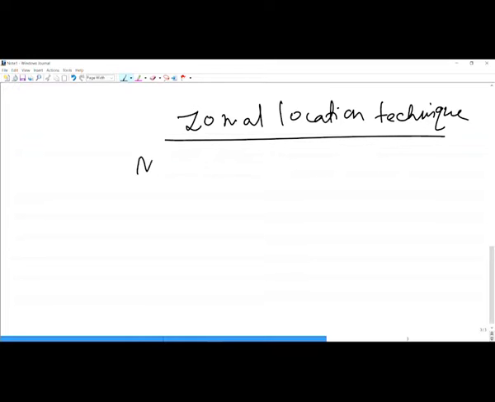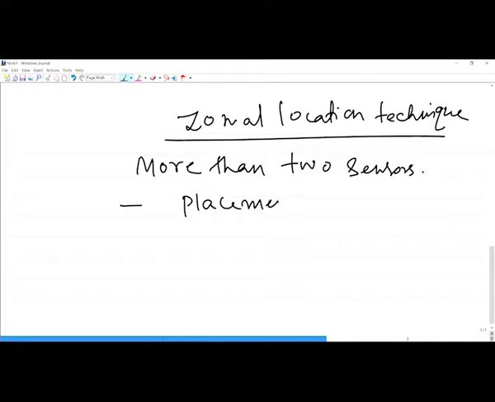you have more than two sensors, which are placed at different locations on the structure which is being examined. And in this case the placement of the sensors is critical, because where you place the sensor, at that particular location you should have a potential source of acoustic emission around it.